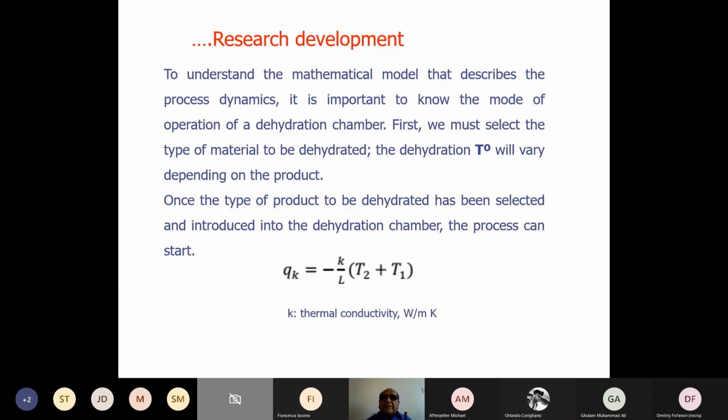The rotation temperature will vary depending on the product, and the type of product to be dehydrated has been selected and introduced into the dehydration chamber. The process can start.